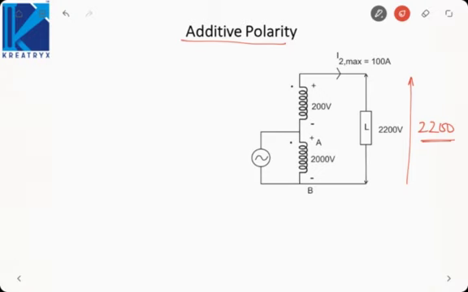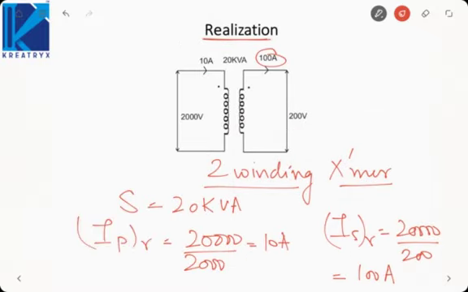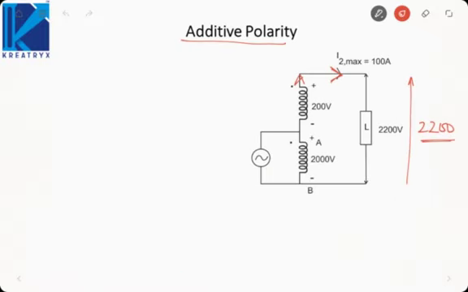Now we have seen that in the secondary winding, the 200 volt winding, the current flowing is 100 ampere, as I showed you in the last slide. And in the 2000 volt winding, it is 10 ampere. So if we apply KCL, the current coming in would be 110 ampere.